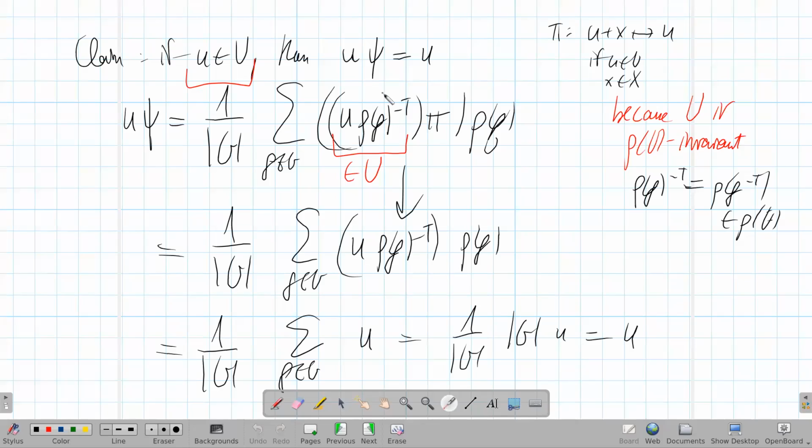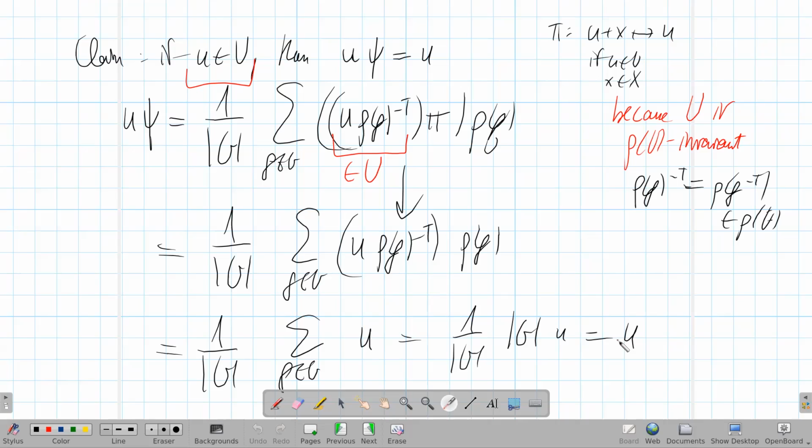This is still an element of U because U is rho G invariant. You apply pi, which is a projection on U, so you still get this same element of U. These two elements cancel. You get a sum over G of u, that's order of G times u, divided by the order of G, and you get u.